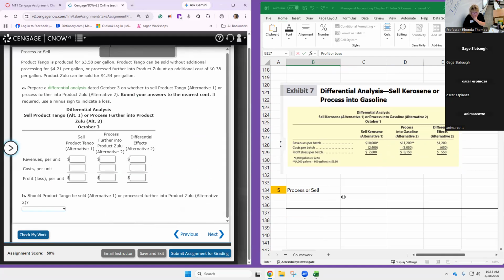So this is going to be sell product Tango, process further into product Zulu, and then the differential effects. Okay, so these are our two scenarios. So we must already do the selling at product Tango.